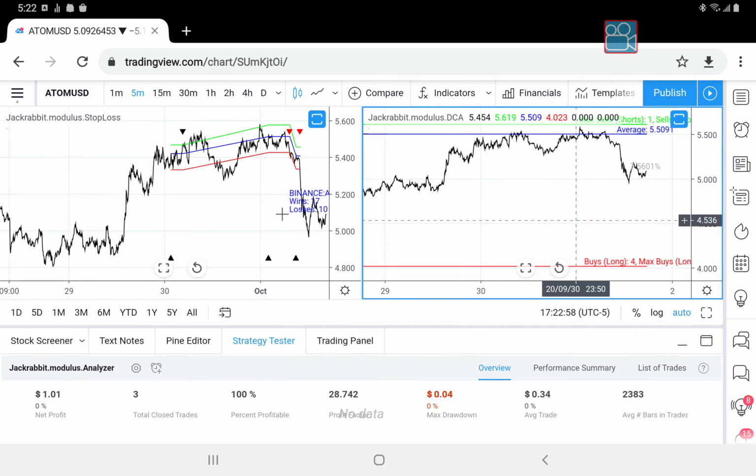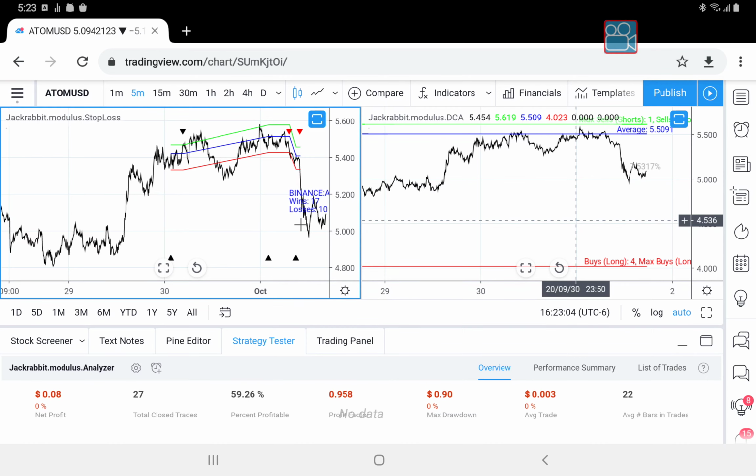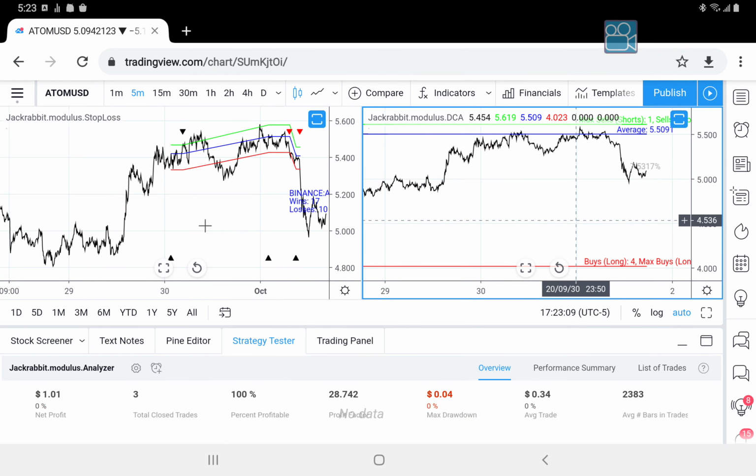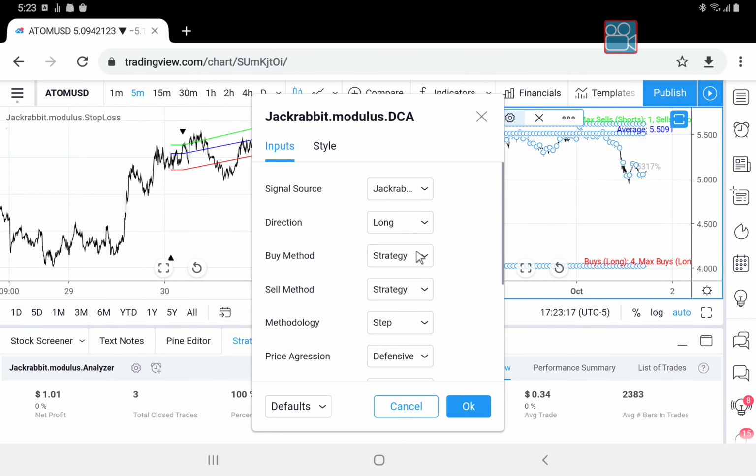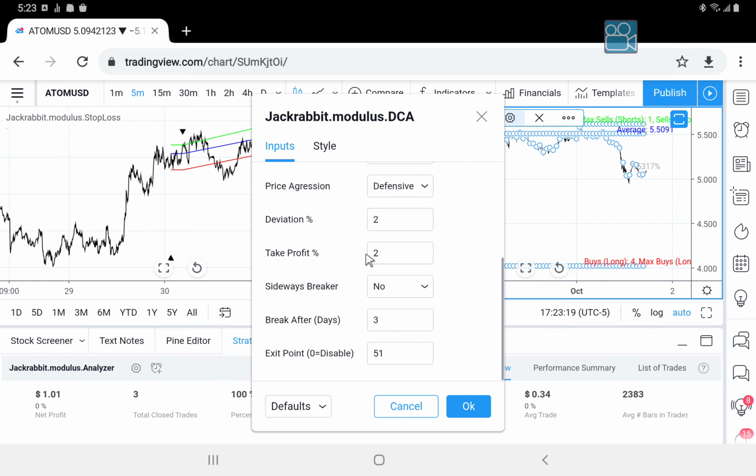Now we're doing a side-by-side of both stop loss and a dollar cost averaging. And this is set to a 2% take profit with a 2% deviation. Very simple, very easy combination, $600 budget.